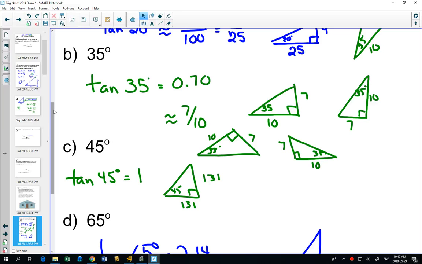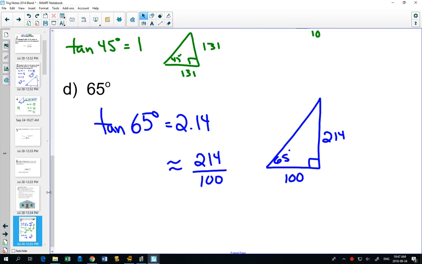And as soon as you go bigger than 45, I'm going to make my opposite side larger. So we can say that for angles less than 45 degrees, the tangent's going to be less than 1. And angles bigger than 45 degrees, like we did with 65 degrees right here, the ratio is going to be bigger than 1. Because now my opposite side is going to be larger than my adjacent side.